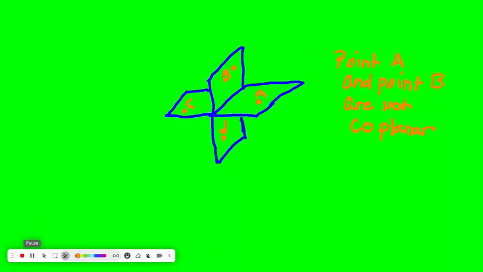Remember, horizontal, think of the horizon. And point B and point D are coplanar because they're on the same vertical plane. So this is vertical over here, and this one is horizontal. So we took care of coplanar and collinear.